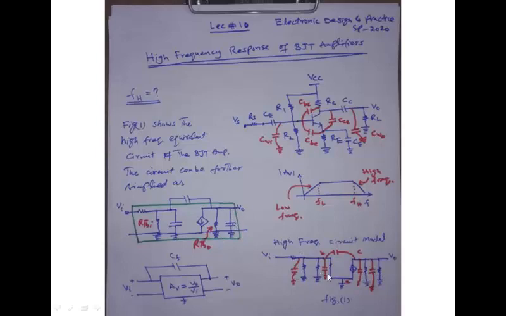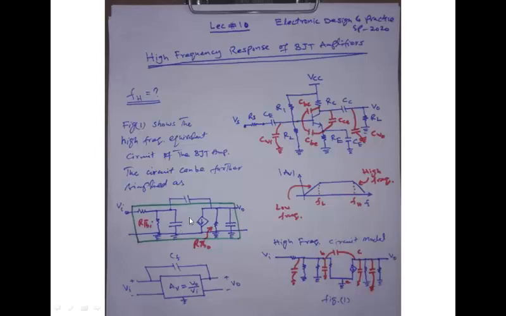However, the capacitance between base and collector just remains there in the circuit. So now this circuit is further simplified, and we are only left with these three capacitances out of the five capacitances.